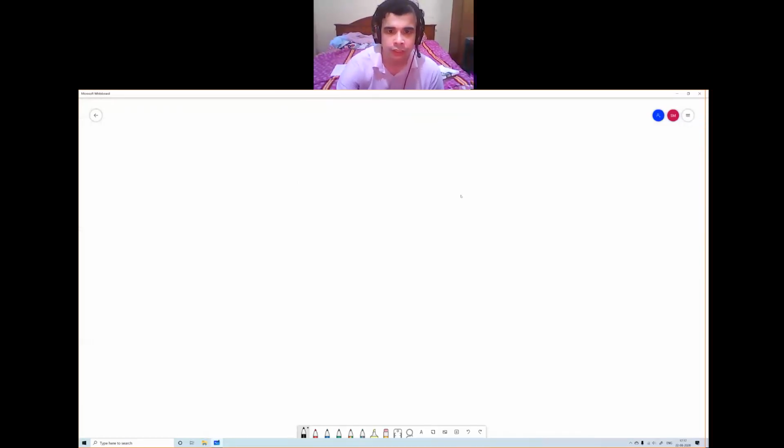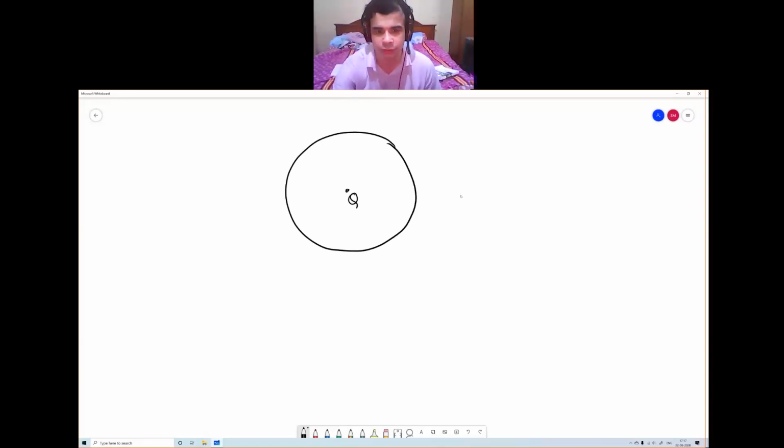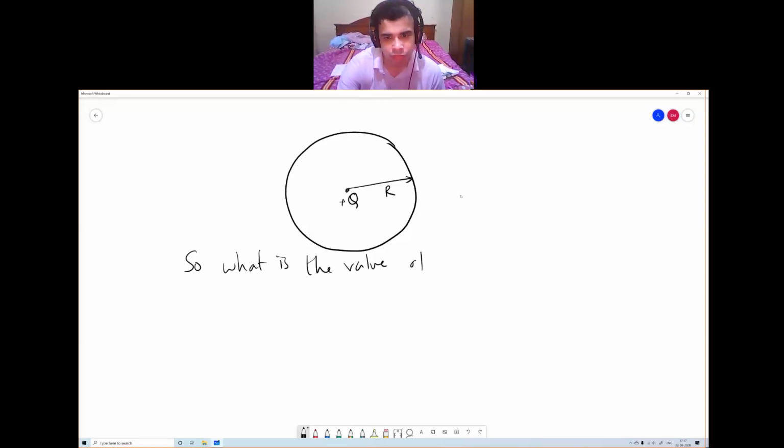Okay. Let us consider a sphere. Inside, at the center of the sphere, there is a charge plus q, and the radius of the sphere is capital R. So what is the value of electric flux through this surface S?